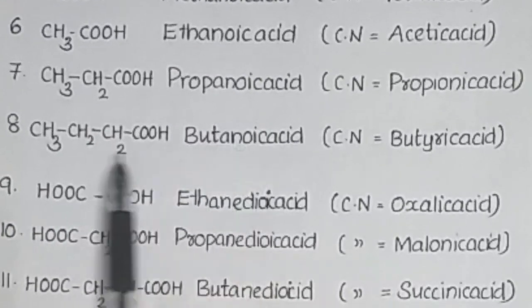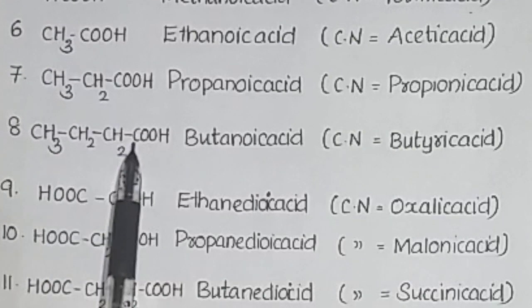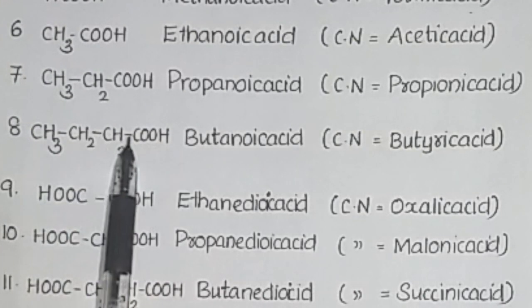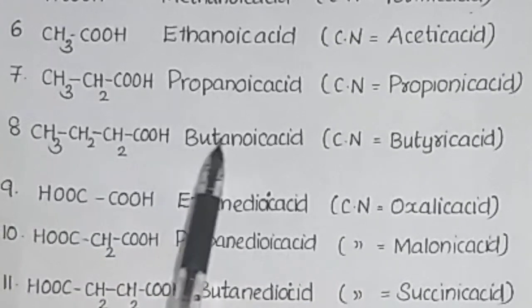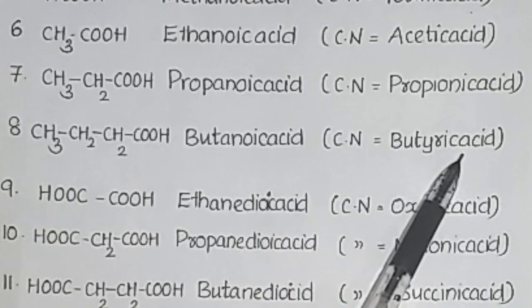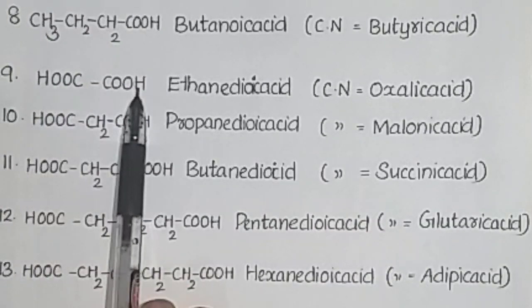Then the next one, CH3CH2CH2COOH. How many carbon atoms? 1, 2, 3, 4. 4 carbon atoms, butane with oic acid. Butanoic acid, common name butyric acid. The next one, COOH COOH.